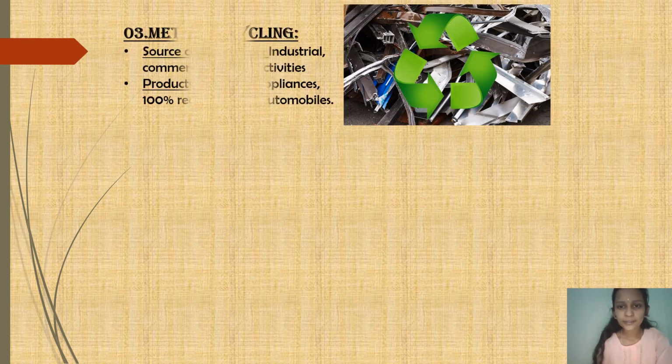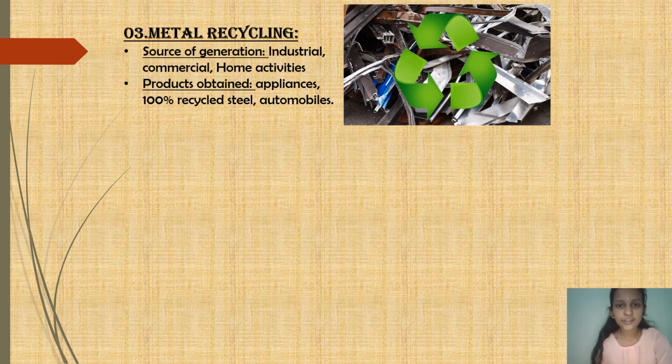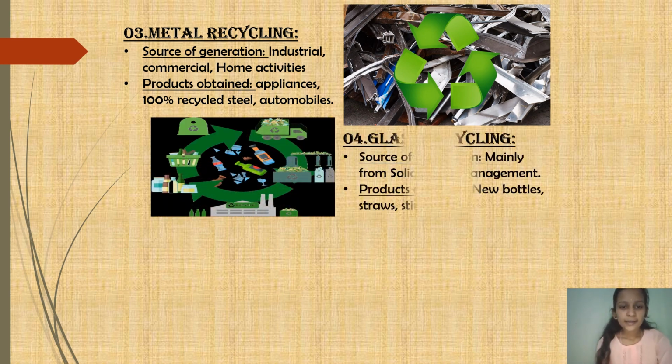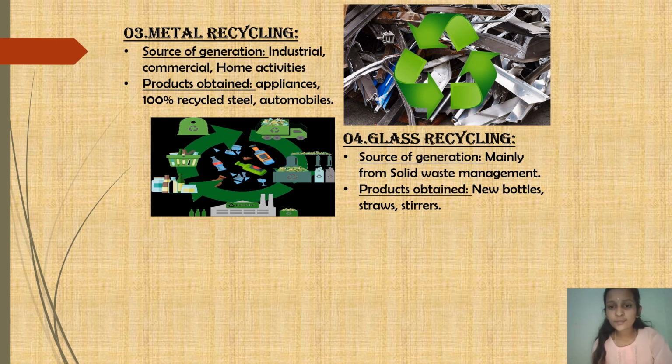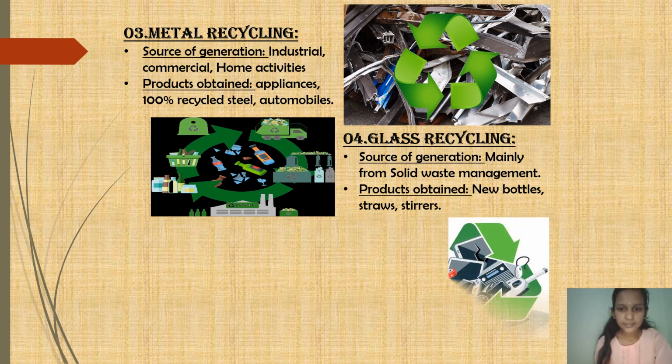When it comes to metal recycling, the source of generation will be industrial, commercial and home activities. The products obtained will be household appliances, 100% recycled steel and some automobiles. And next, glass recycling. The source of glass waste is mainly solid waste, and the new products obtained are new bottles, straws and stirrers, which are made of glass.